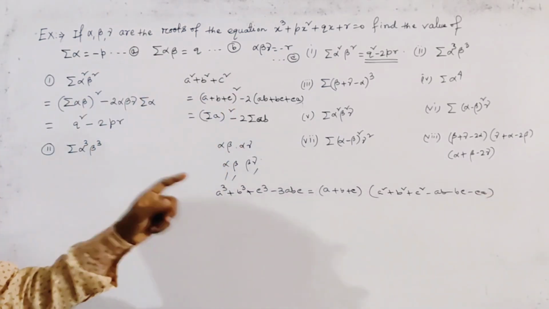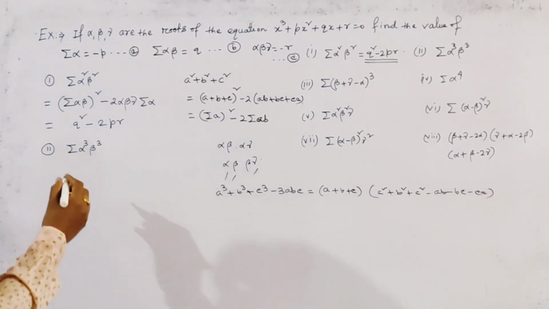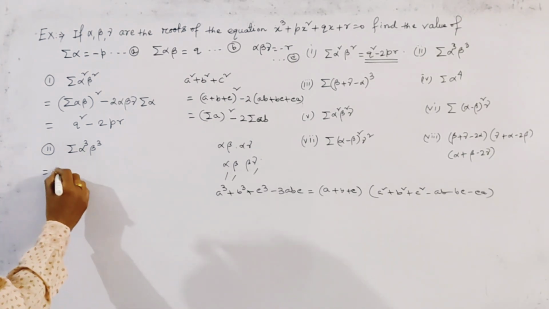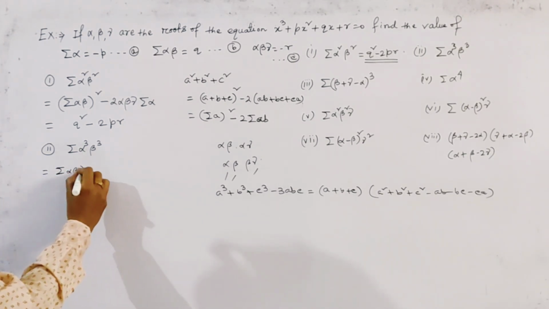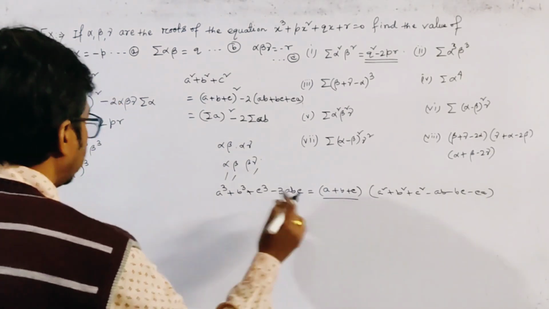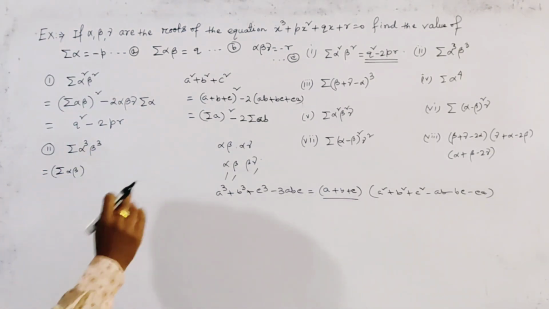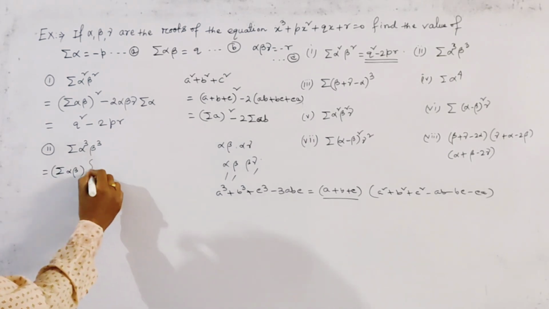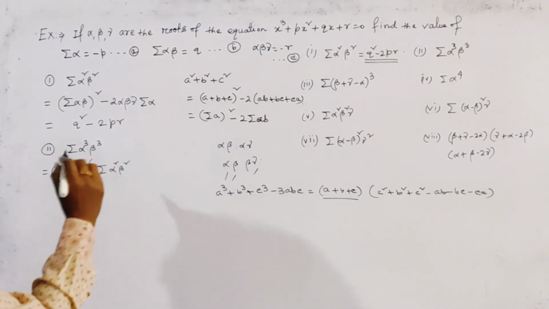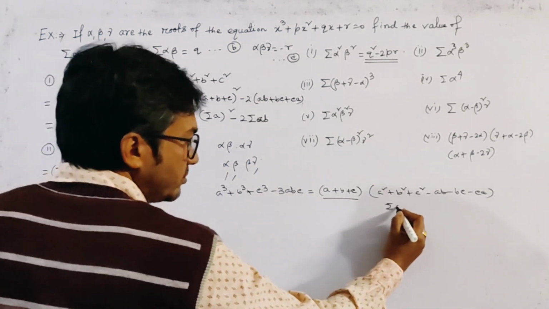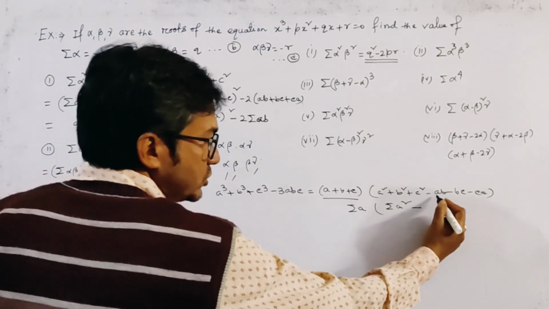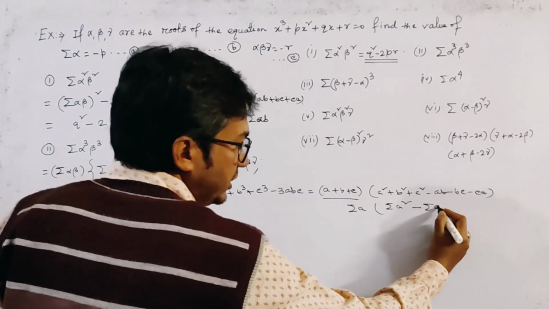This is a well-known formula of algebra, and we use it in summation notation: summation alpha beta, and in the second term summation alpha square beta square, minus summation ab.